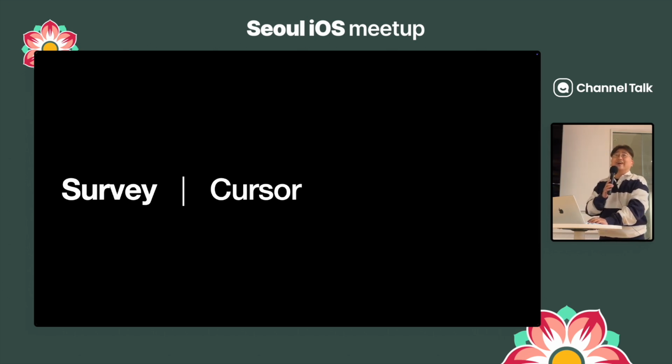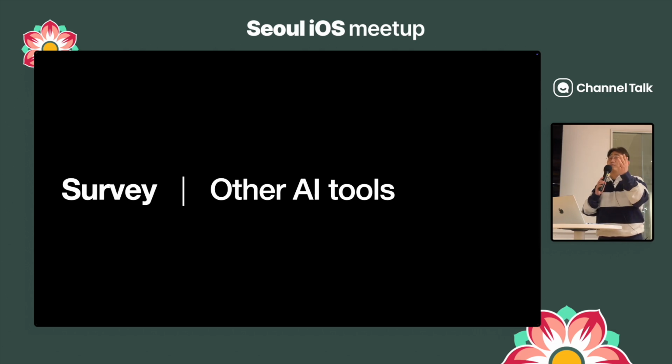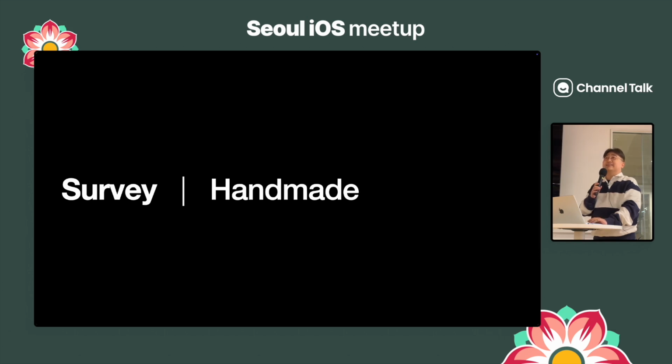How about Cursor? Good. Other AI tools? What kind? GitHub Copilot. Yeah, good. Okay. How many people don't trust AI, so you make it handmade? Good. Okay.